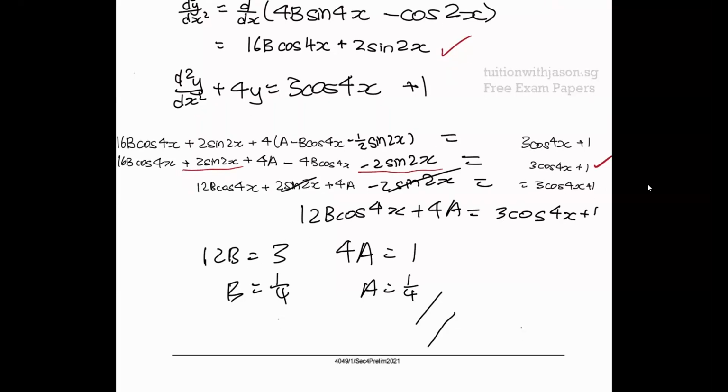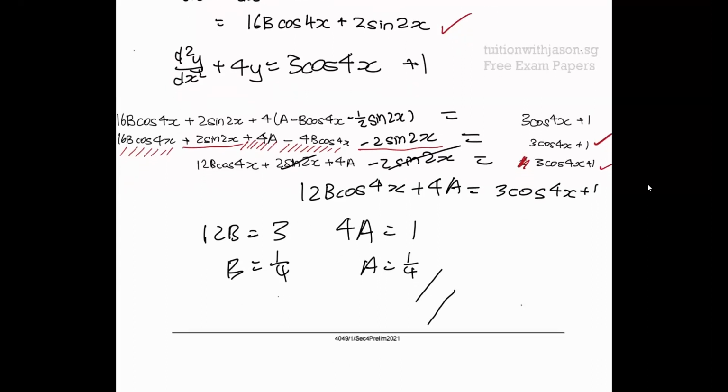Then you have 16b cos 4x plus 4a minus 4b cos 4x. Because of the 16b and the minus 4b, they simplify into 12b. And then you have plus 4a. This is equal to 3 cos 4x plus 1. Don't put the extra equal sign there. Next, you have 12b cos 4x plus 4a equals 3 cos 4x plus 1.